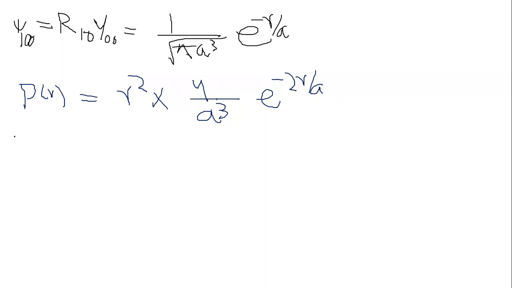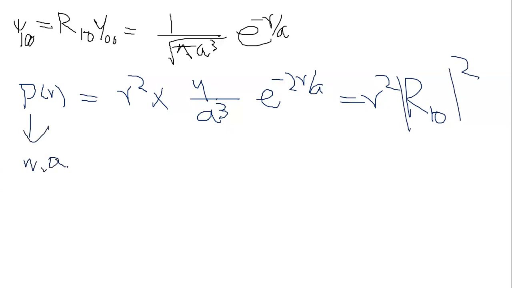Now this is P(r), which is r square R10 square. For the most probable position, it will be maximum. So d by dr of P(r) will be 0.